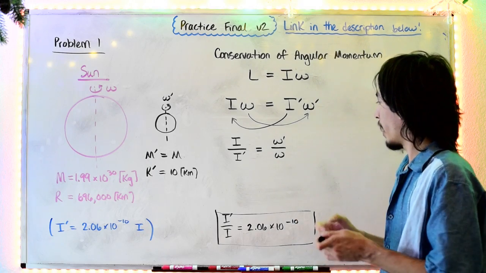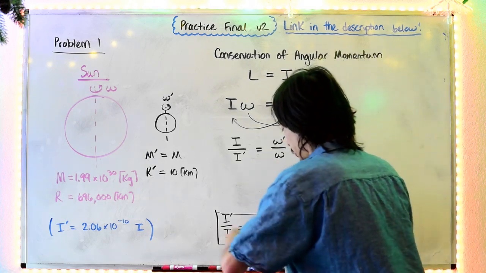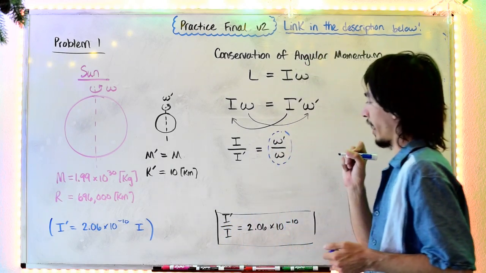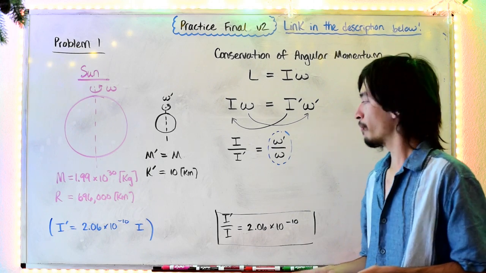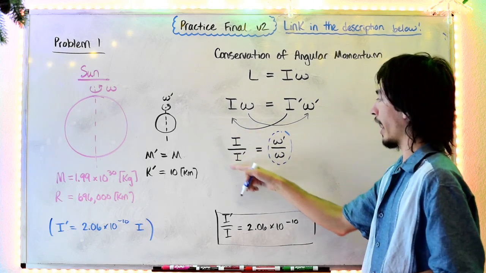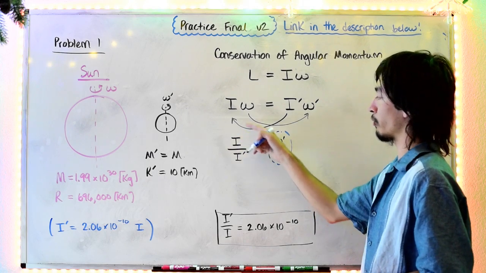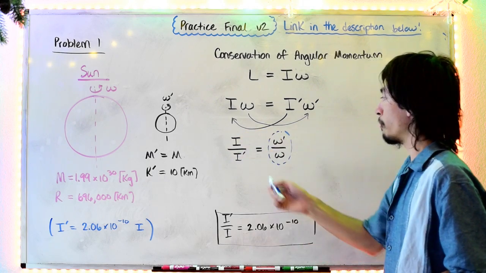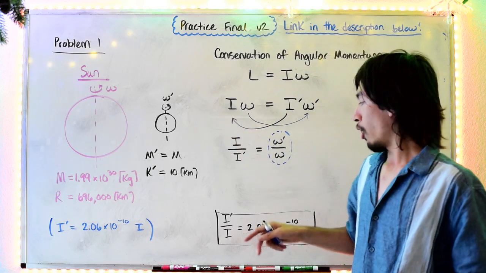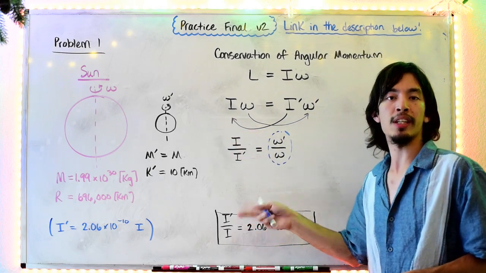Now, this is essentially what I'm asking for in the problem: what the angular speed is after compared to what it was before. So all I need to do is plug in the ratio of the moments of inertia, but the difference is that it's flipped. So you take this number and invert it.